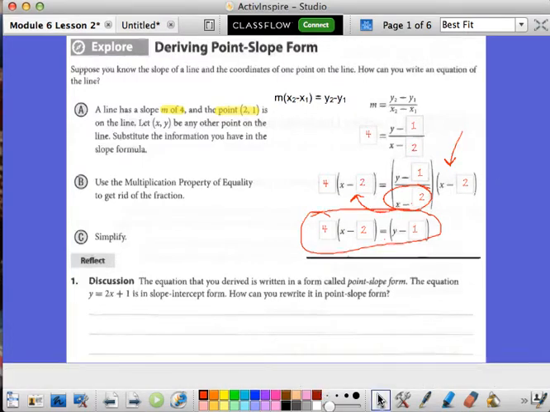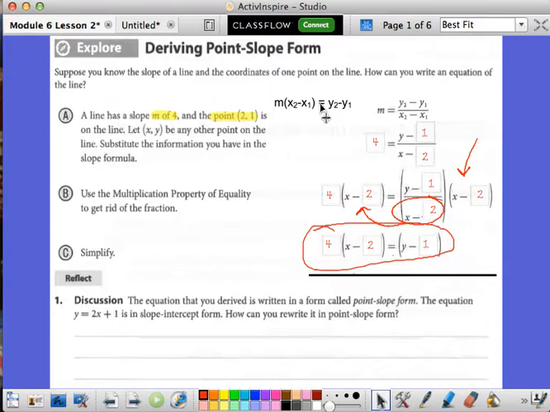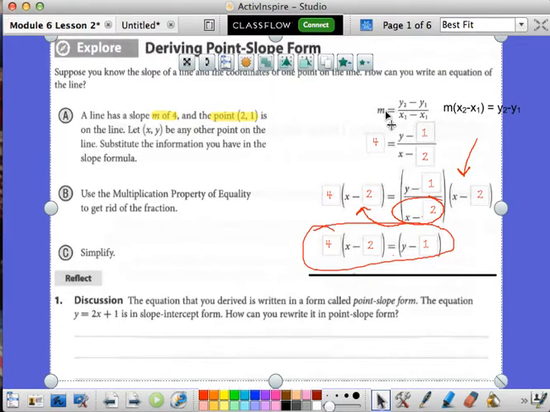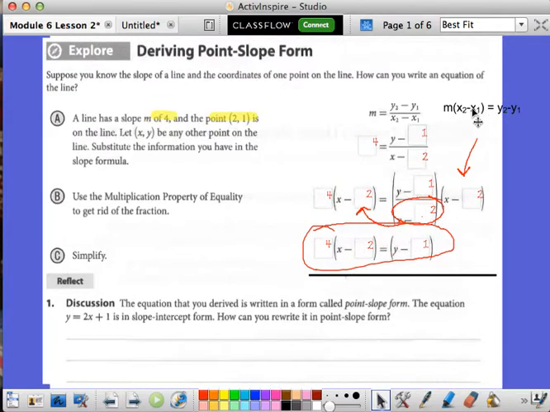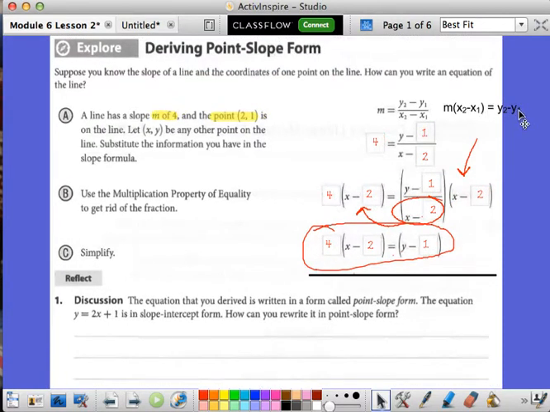This is how we go from the equation to find slope to point slope form. It's how you get from here to here.